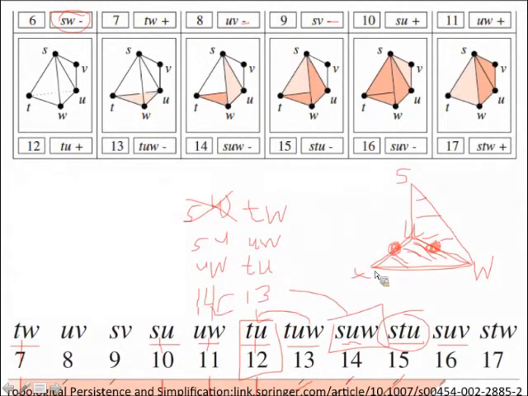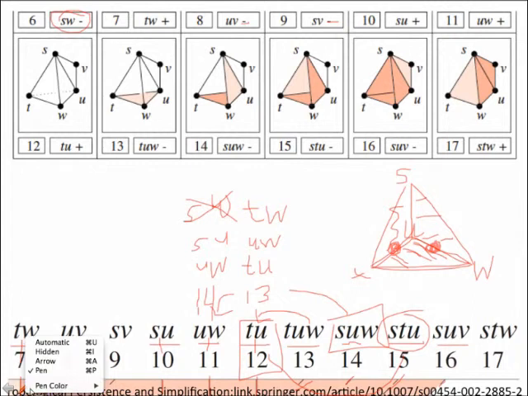The next thing we'll take a look at is STU. So now I just need to add in the edge ST, and we're now talking about this triangle here, the STU triangle. So I want to go ahead and pair it, so I will go back. TU is a possibility, but TU has already been paired, so I can't take TU. And the question is, well, what do I want to go back to? I actually want to now add two things.